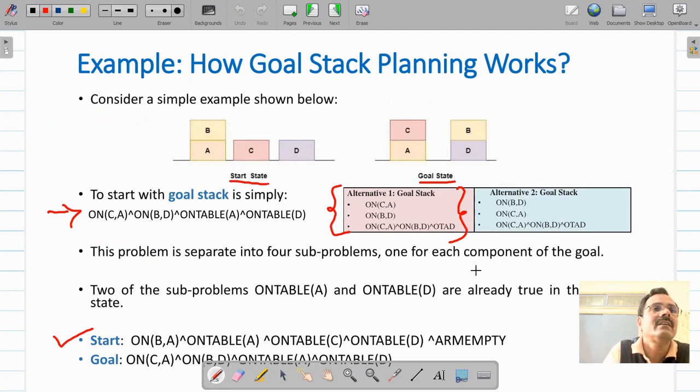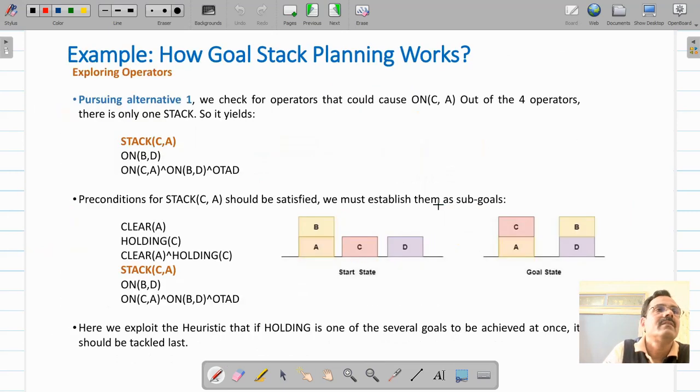Let us go back again. What do we have to achieve? The first alternative is that C is on A, which we first try to satisfy, and then B is on D. Which alternative are you going to select between these two?